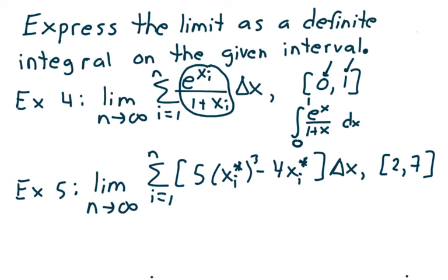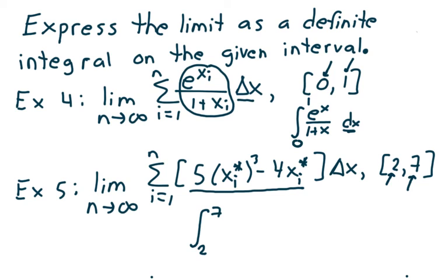So, this value before the delta x gives me my function. Delta x becomes my dx, and then I'm just integrating from 0 to 1. So if we look at example 5, notice how my lower limit is 2, my upper limit is 7. So I'm going to go from 2 to 7. And then this is giving me my function.